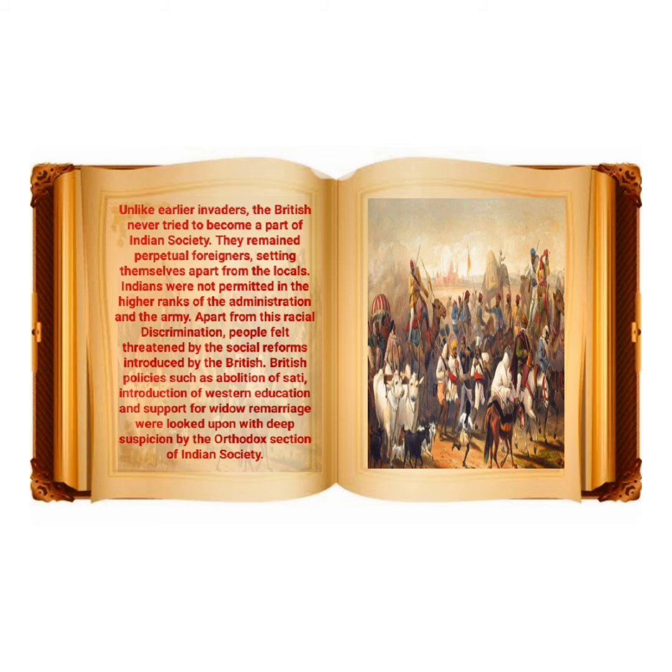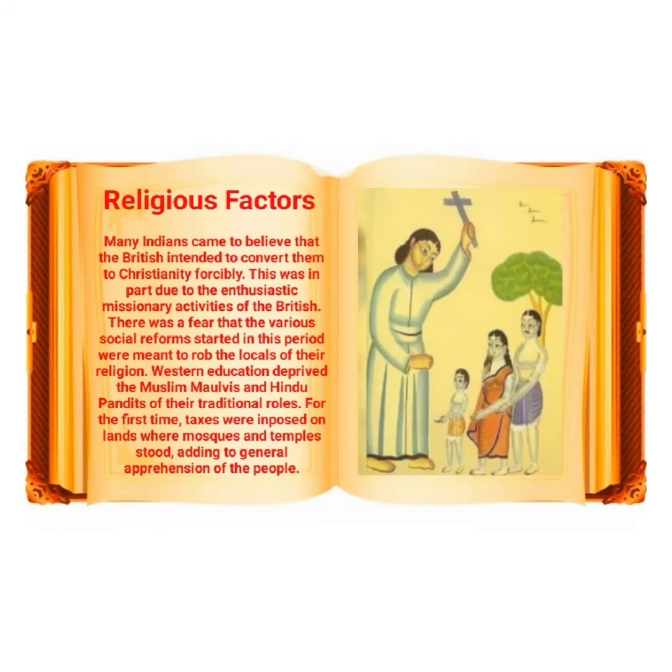Many Indians came to believe that the British intended to convert them to Christianity, and this was the religious factor which caused the uprising, the revolt of 1857. This was in part due to the enthusiastic missionary activities of the British.